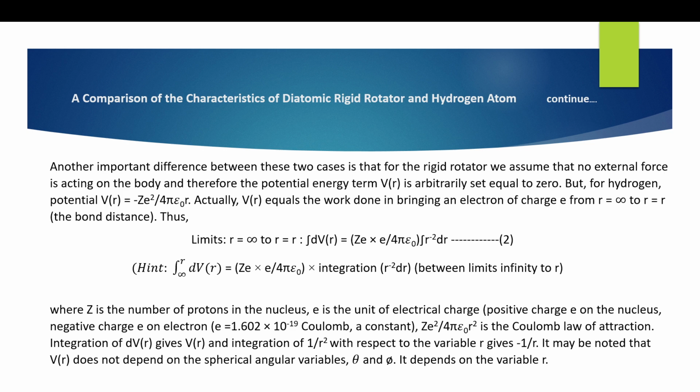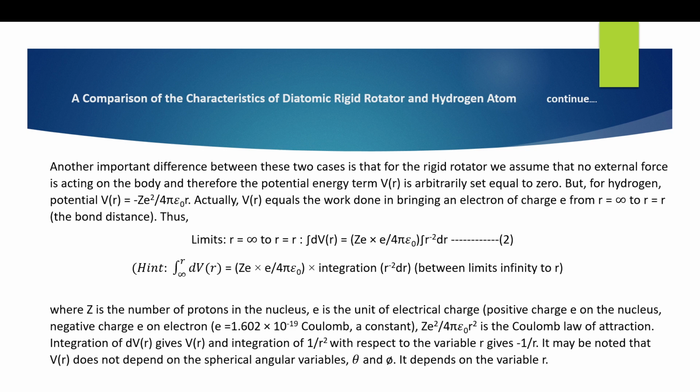Yet another point of comparison is that for the rigid rotator, we assume that no external force is acting on the body, and therefore the potential energy term V is arbitrarily set equal to zero. But for the hydrogen atom, it is not zero. Its value is minus Z e square over 4 pi epsilon 0 r.